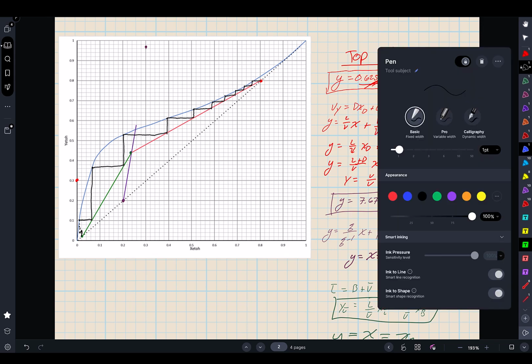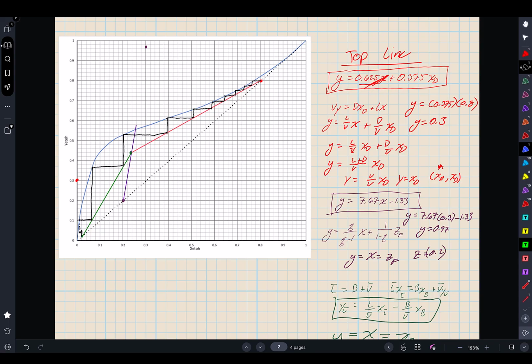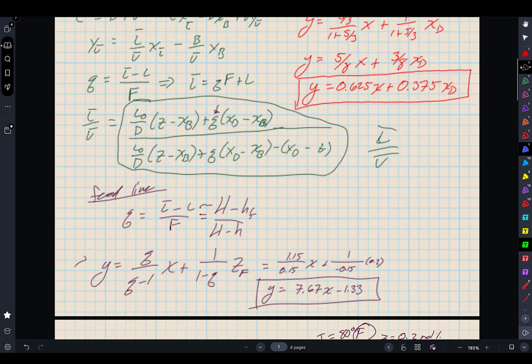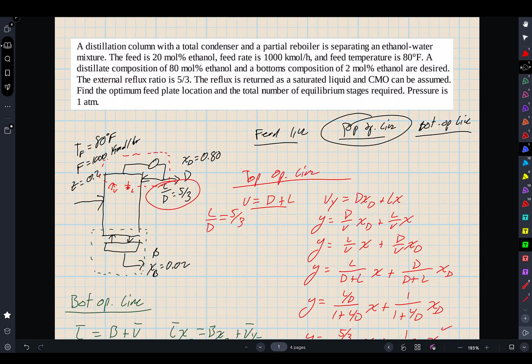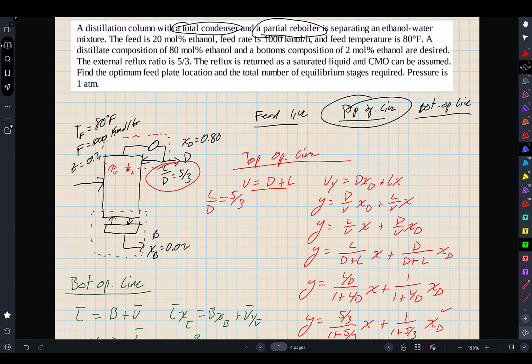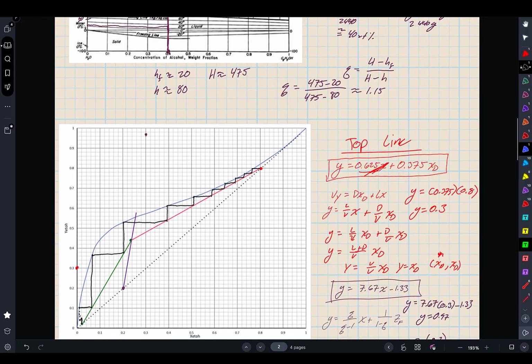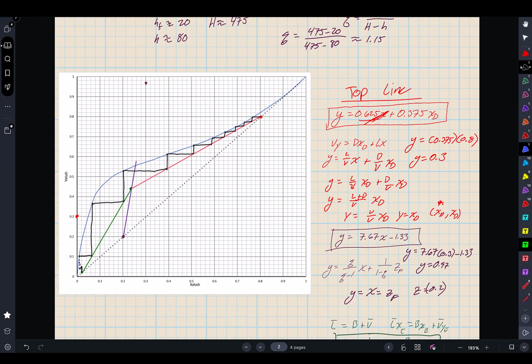So now comes the part of numbering your McCabe-Thiele diagram. An important note is to go back and see what you are using. So you are using a partial reboiler and a total condenser. Since you're using a partial reboiler and a total condenser, the last equilibrium stage is going to be your partial reboiler. So we have this is 1 stage, 2, 3, 4, 5, 6, 7, 8, 9, and 10 equilibrium contacts.